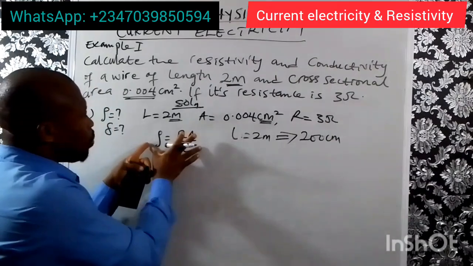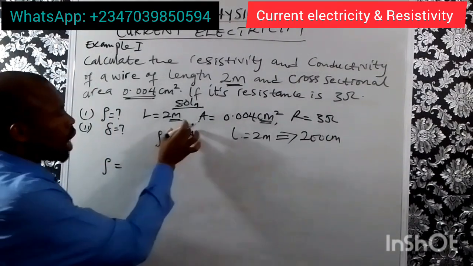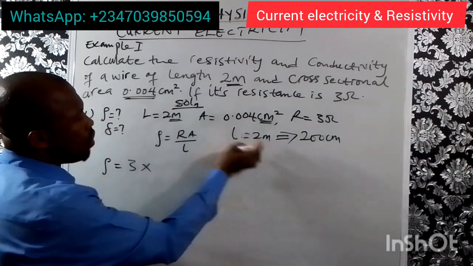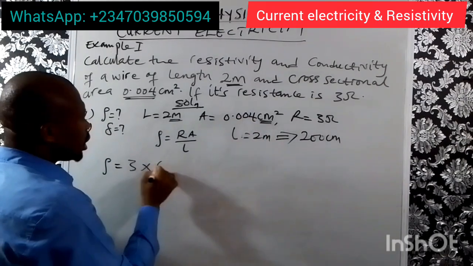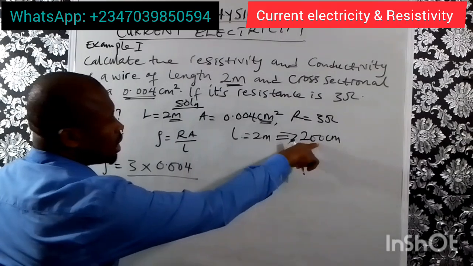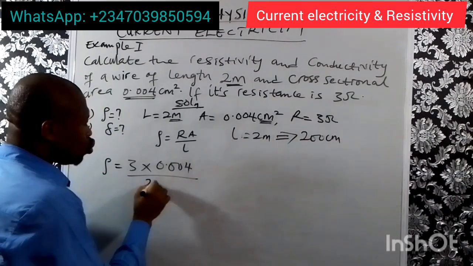If you bring those things here, we'll now have that rho is equal to R, R is 3, you put it here, multiplied by area. Area, I want to use 0.004 all over the length. The length, I am using this one now because it is in the same SI unit with this one, 200.